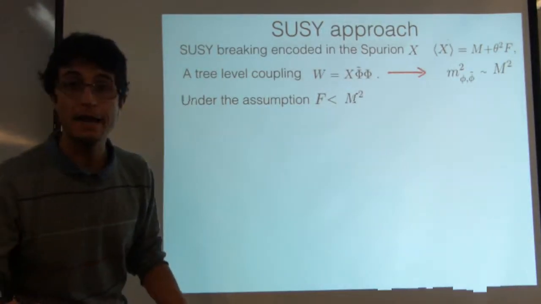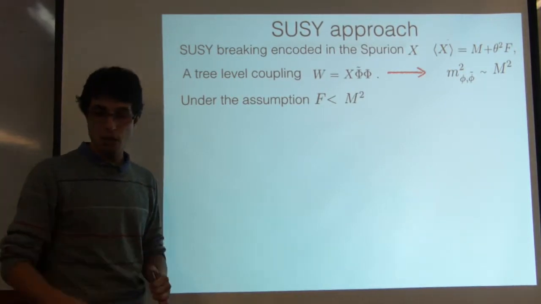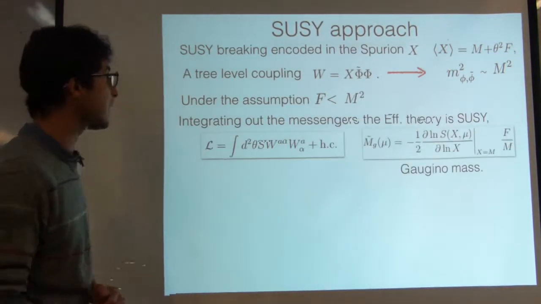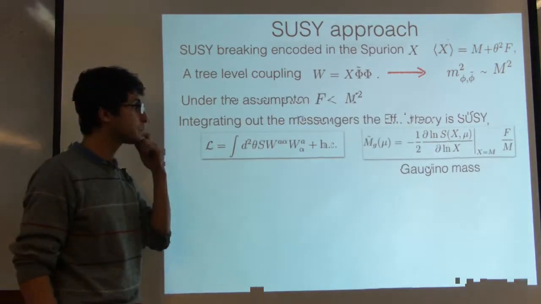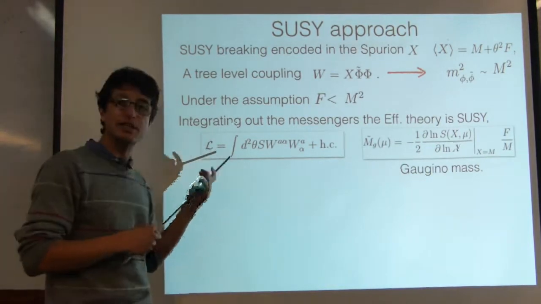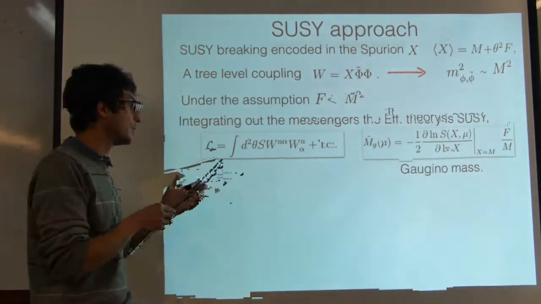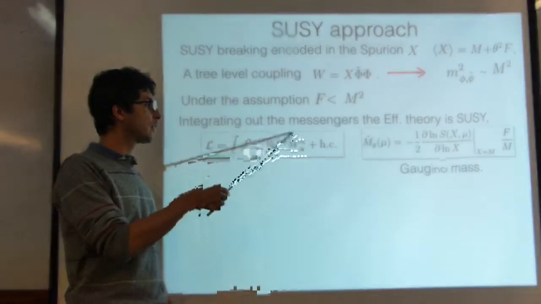So if you now take this theory and integrate out the messengers, what you have is a theory that is supersymmetric because of this hierarchy. Since the theory is supersymmetric, it satisfies the rules that I said before. In particular, the coupling with the gauge vector comes in this way, okay?